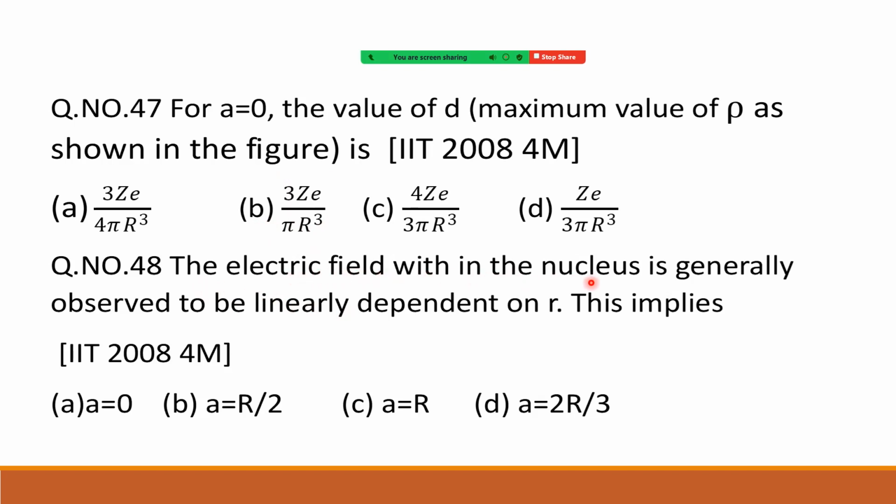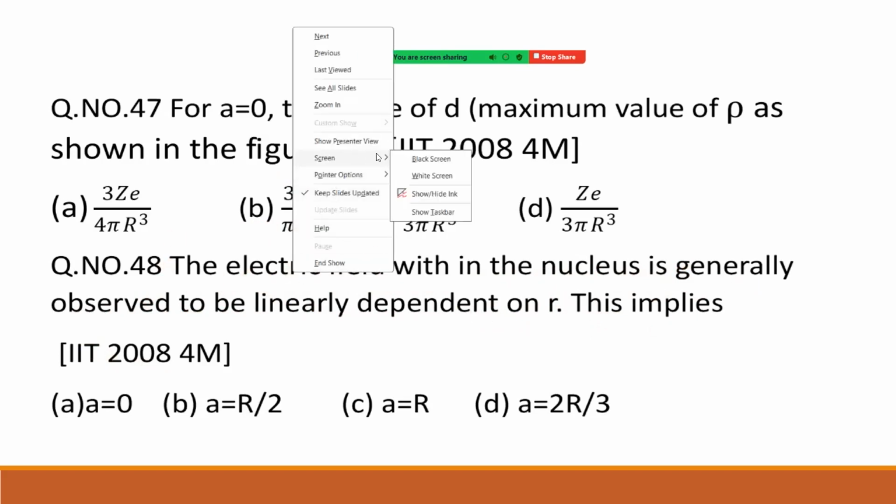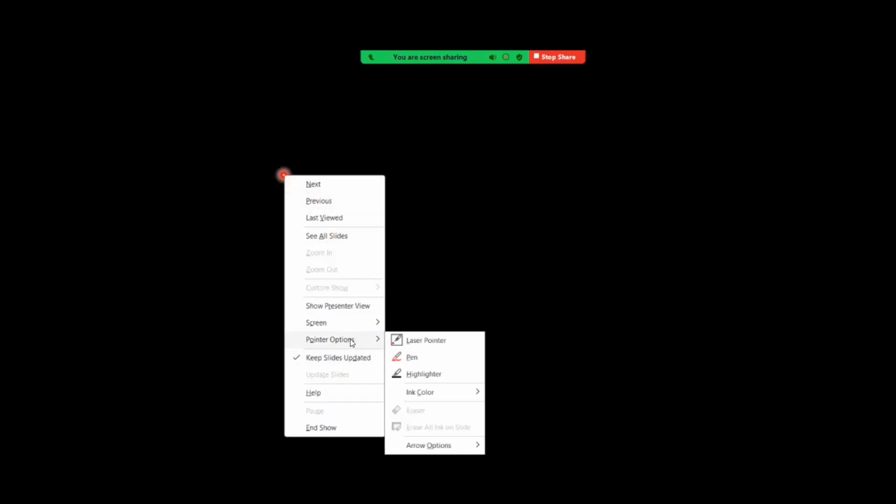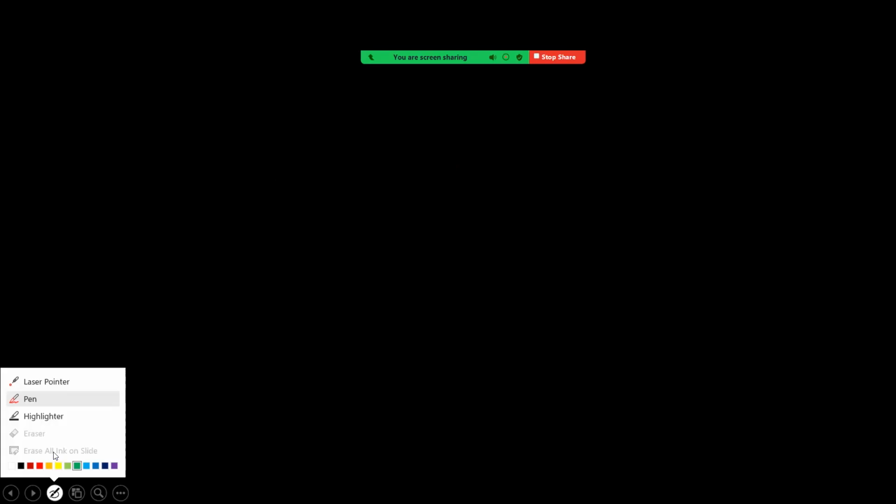Electric field within the nucleus is generally observed to be linearly dependent on R. That means E is proportional to R. Students, if you remember, we have solved a question like a non-conducting sphere with uniform distribution of charge, then we got the E value rho by 3 epsilon naught into R, or R bar.